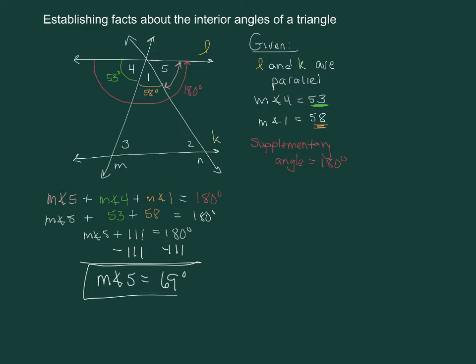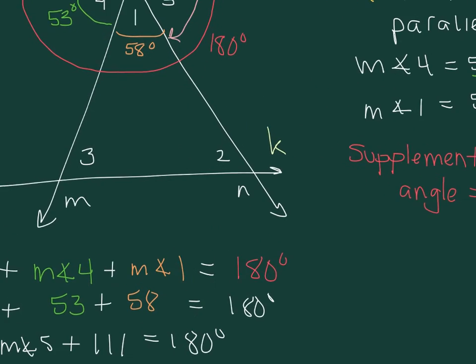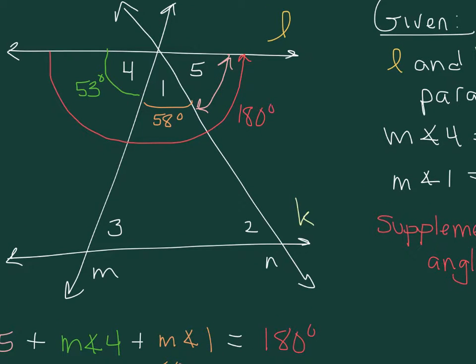So the measure of angle 5 is 69 degrees. So if I add 53 plus 58 plus 69, I would get 180 degrees, which is what I need for a supplementary angle.